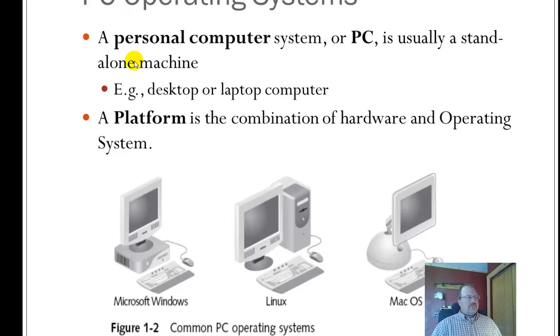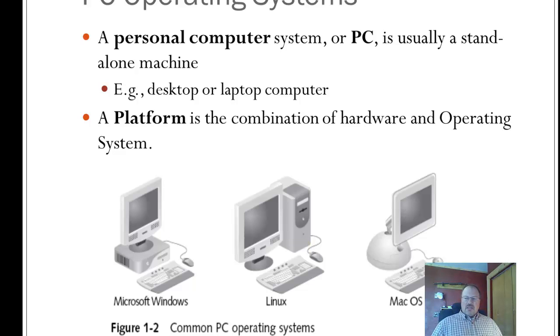And then a platform, though, this is the important part of this slide. So a platform is a combination of hardware and operating system. So a platform might be a certain kind of PC with Windows, or a certain PC with Linux. And when I mean a certain kind of PC, is it an Intel box?